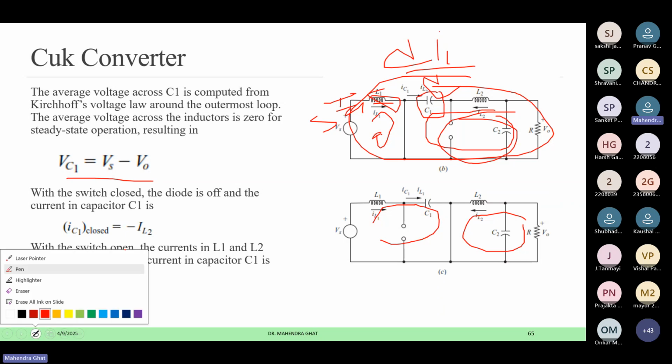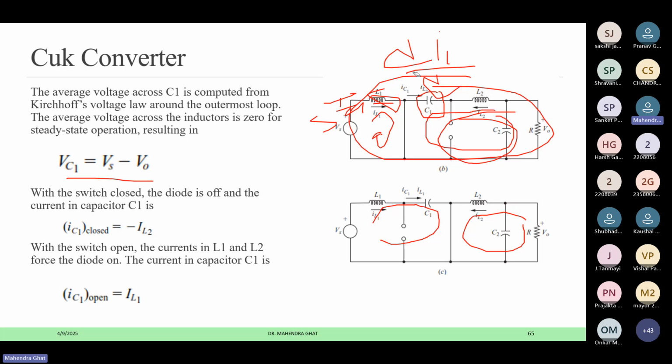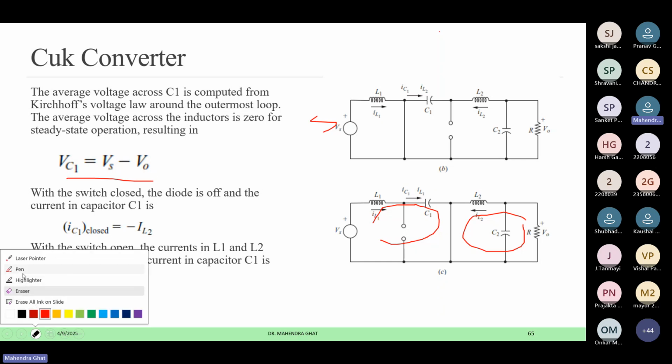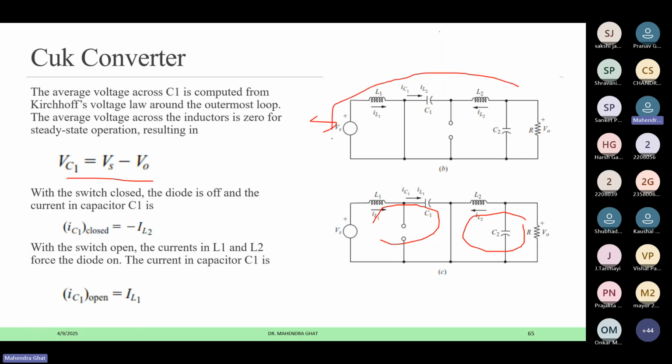I will just erase it so that you will understand. If I apply Kirchhoff's voltage law for this outer loop, the total outer loop, what are the voltages present? Vs is present.